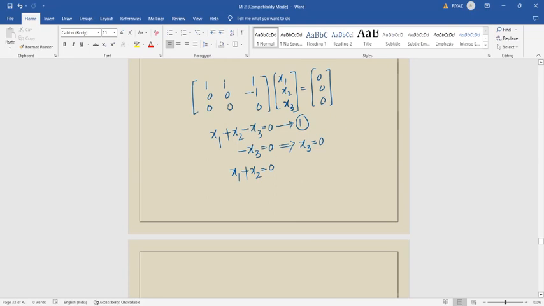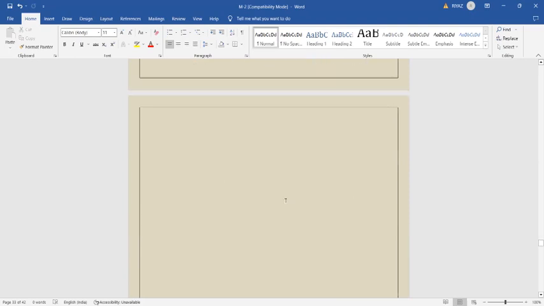Understood? In this one, we have to assume some value: suppose x2 is equal to k, then x1 becomes minus k. So finally we got our first eigenvector.